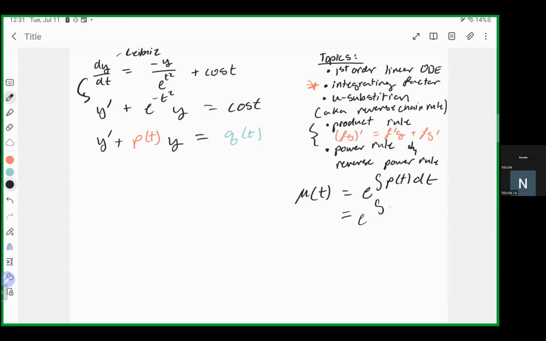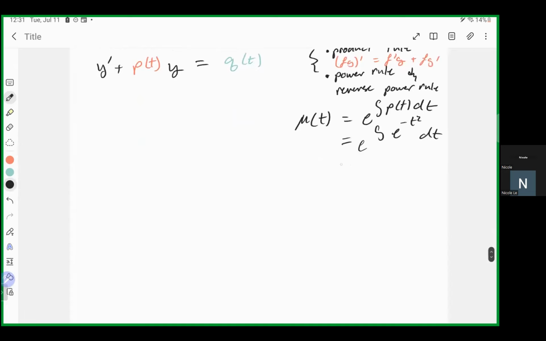So p of t is e to the negative t squared. Okay, and as to how we compute that integral, it's just by u substitution. So we keep e the same, because whenever we integrate or take the derivative of e, we just rewrite it again.